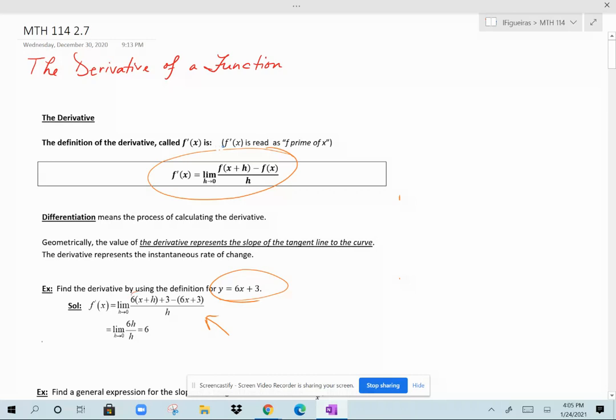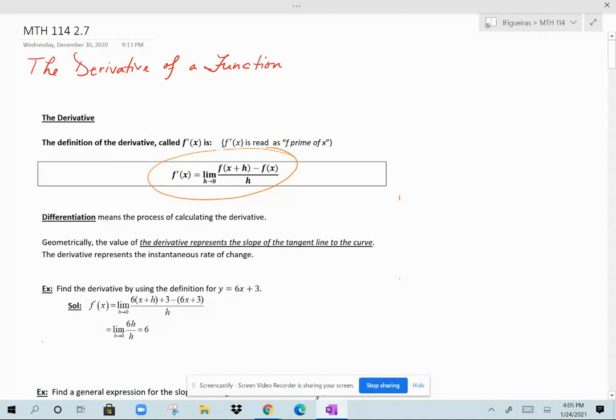When you distribute the 6 and you distribute the negative, everything will cancel except for 6h over h. But then the h's cancel, and so you're just left with the limit of a constant, and the limit of a constant is just that constant, so your limit value is 6.